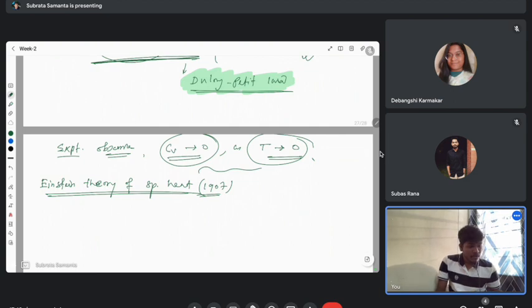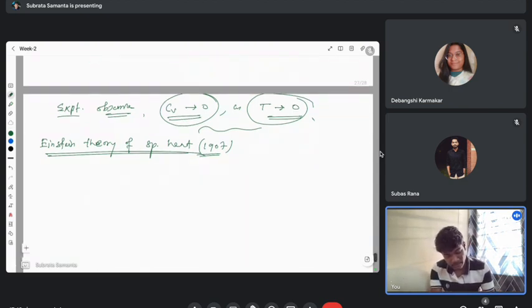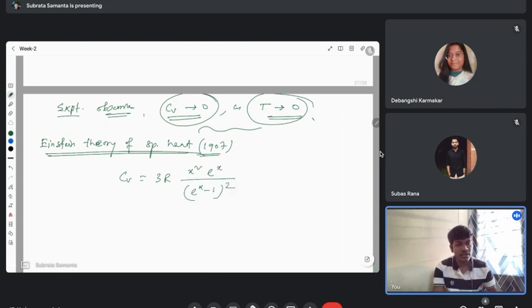Okay. So they calculated the cavity vibration. Okay, and I'm not going into the derivations. I also derived it in the class, so just look into the lectures. Okay, so then I end up with this equation that C_V is 3R times x squared e to the power x over (e to the power x minus 1) squared, by considering cavity radiations.